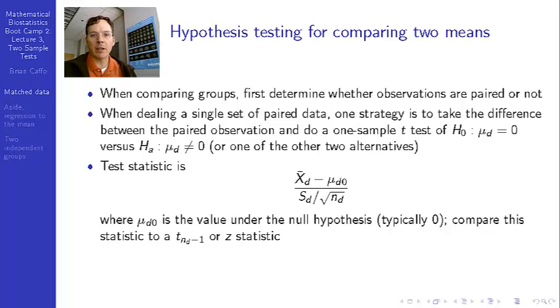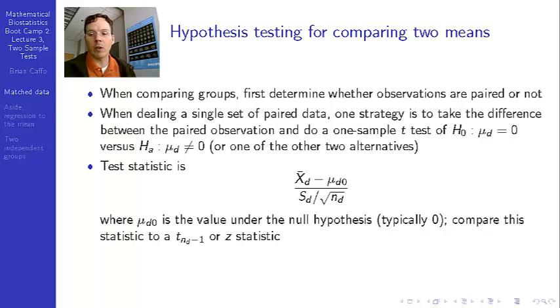That's called matching, when you take every person in one group and find another person in another group who has very similar characteristics for all these other variables that you're maybe not interested in, but you think could contaminate the comparison. That process is called matching, and it's a very effective way to deal with, as I mentioned, variables that you think might confound the relationship that you want to look at.